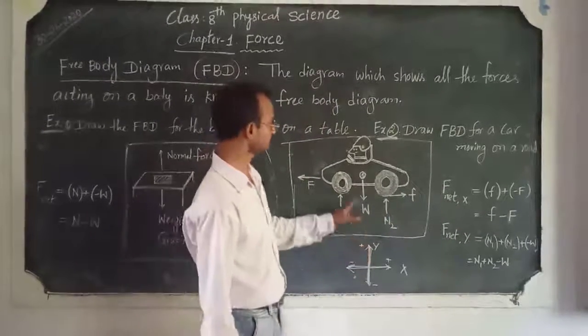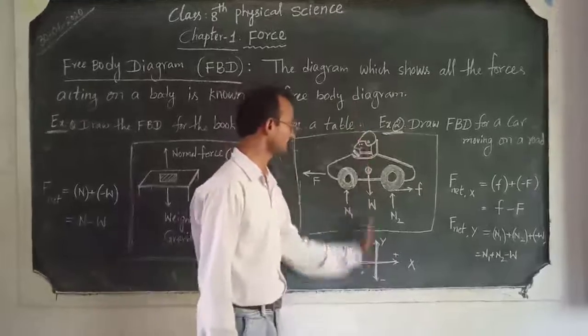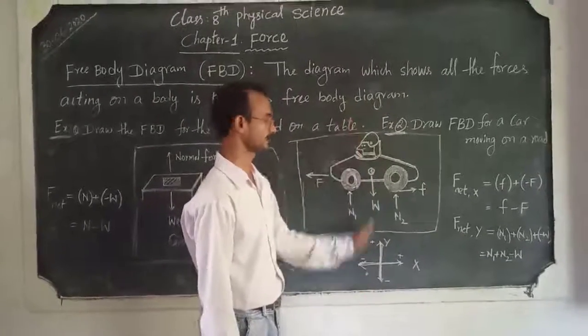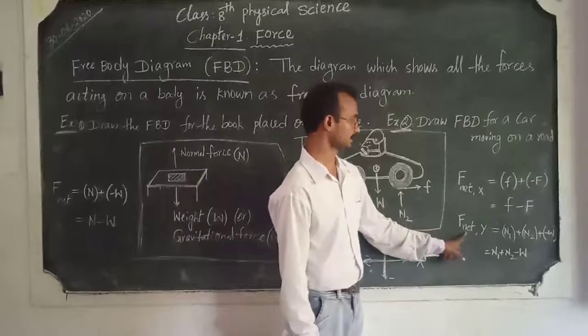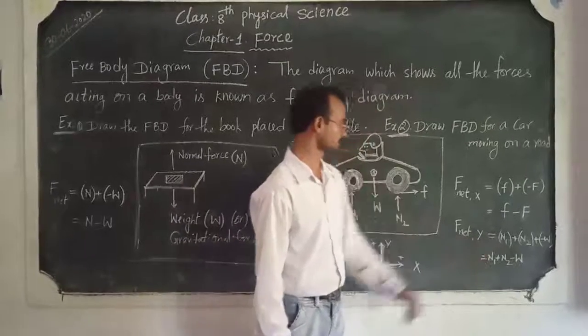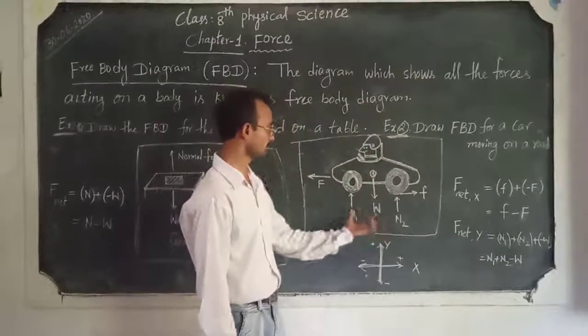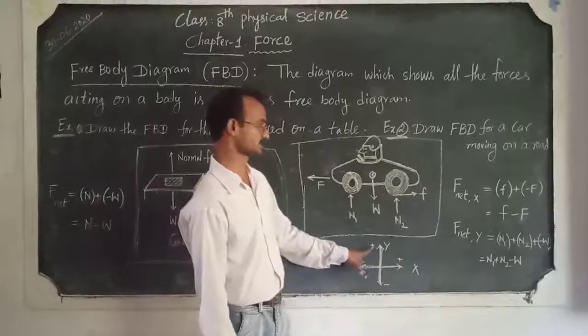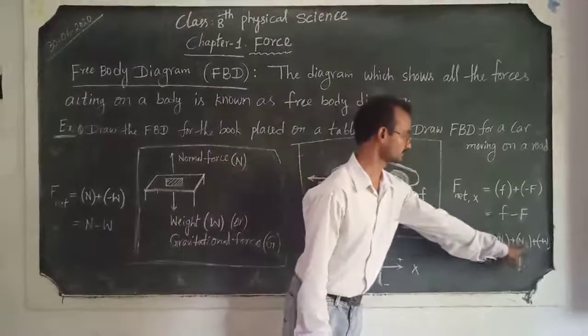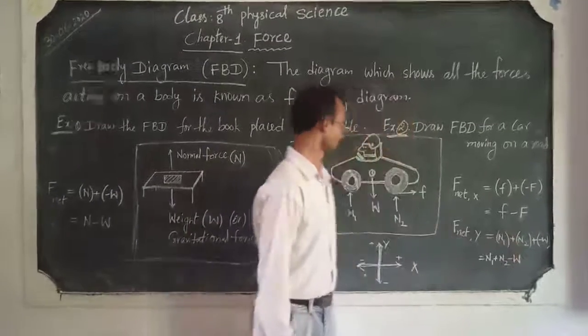One more thing. What is the net force acting along the y-axis direction? F net along the y-axis can be written as follows. N1 and N2 are the upward forces, so they are taken as positive: positive N1, positive N2, and sum.